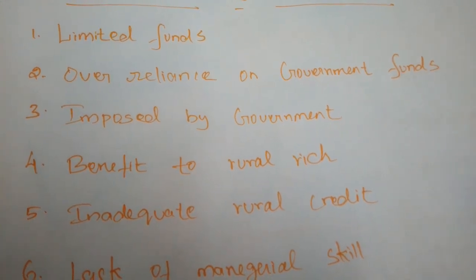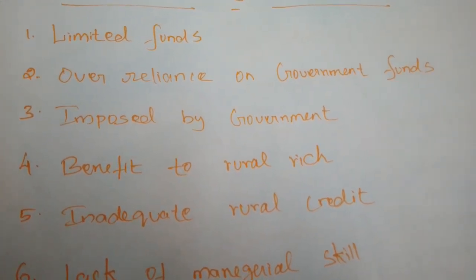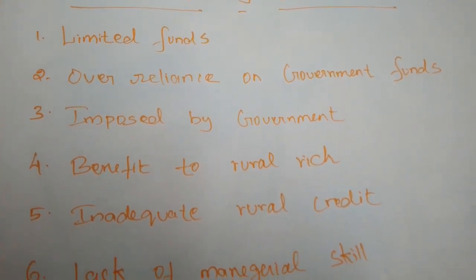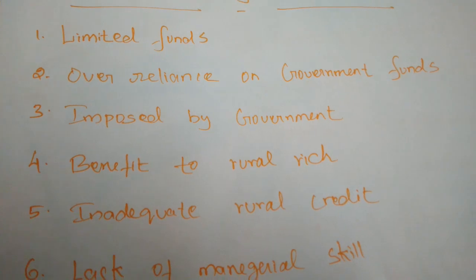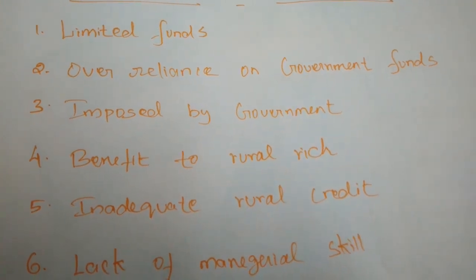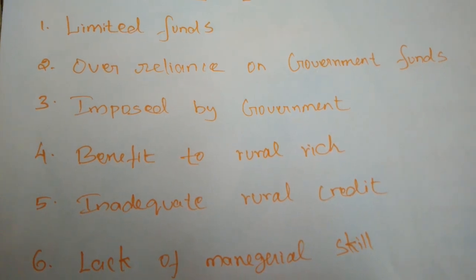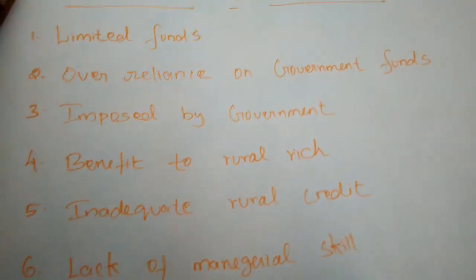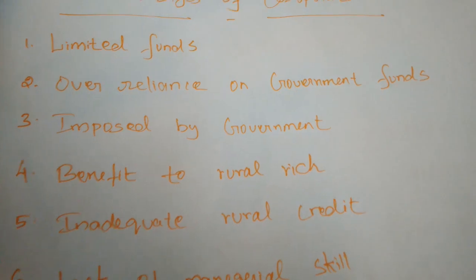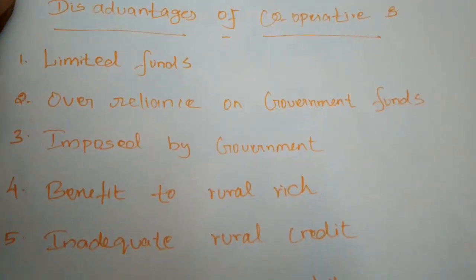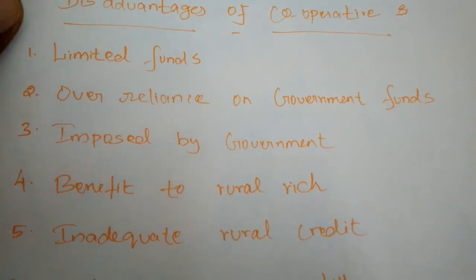So the man will never get more dividends, and because of that, more people will never be interested to join as members. So they cannot expand their activities beyond a particular level because of the limited financial resources. When we have limited financial resources, the cooperative organizations cannot improve or expand their activities.